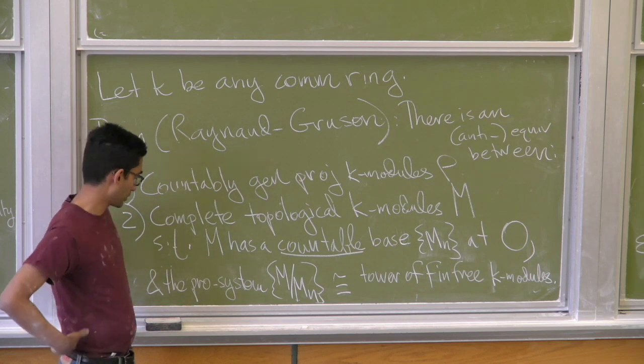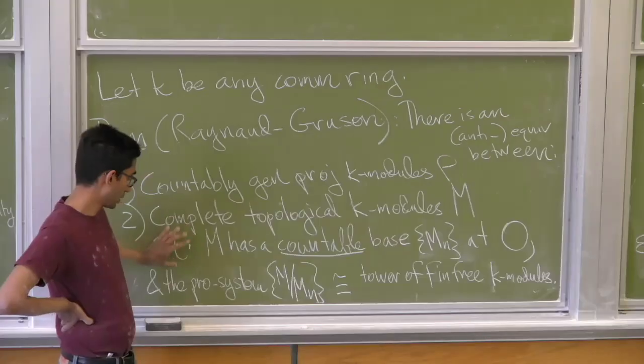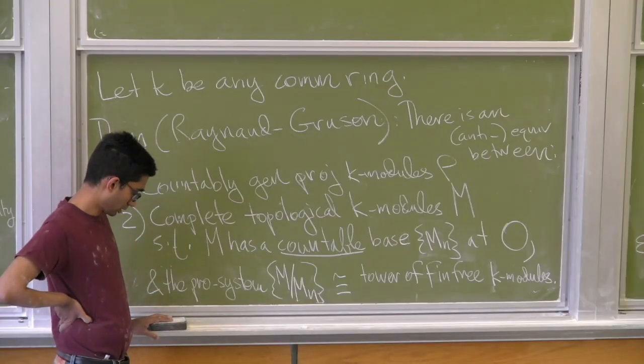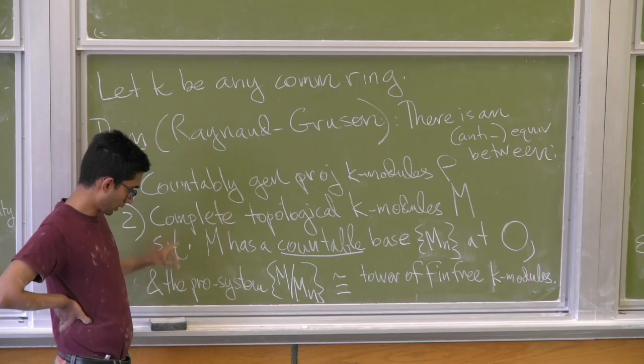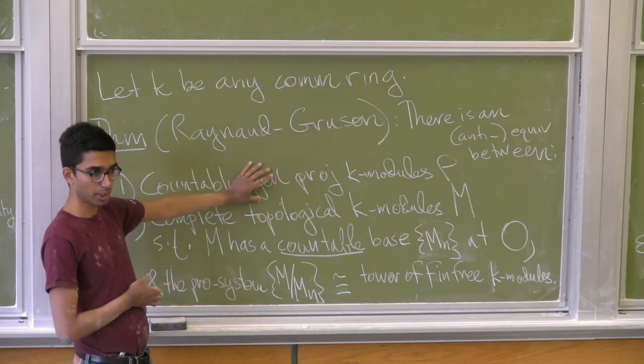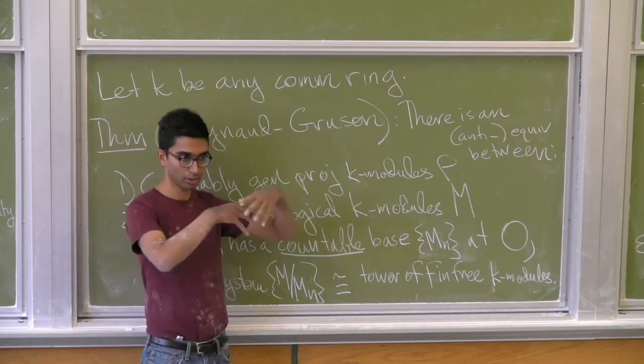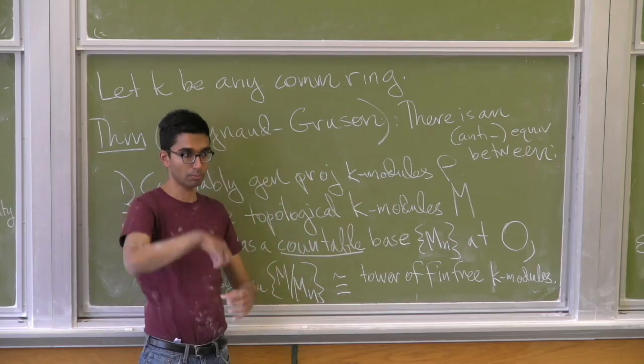Sorry, so the question is, if you have just a finitely generated projective module, then the construction should be you take the dual and it should be the constant pro system.